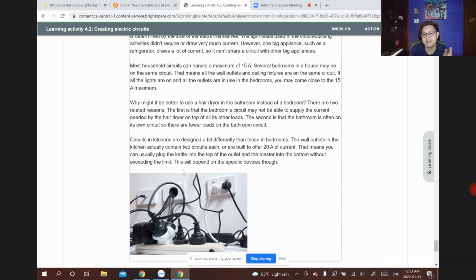Have you ever seen, if you're in a kitchen and you turn on the electric kettle to heat up water, electric kettle. Yeah, I know that. And then you use the microwave oven at the same time, and your mother is using the electric oven at the same time, then the CB, the circuit breaker, will go beep, beep, beep. It turns off, right?